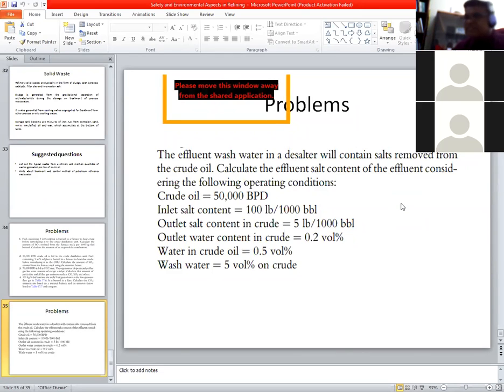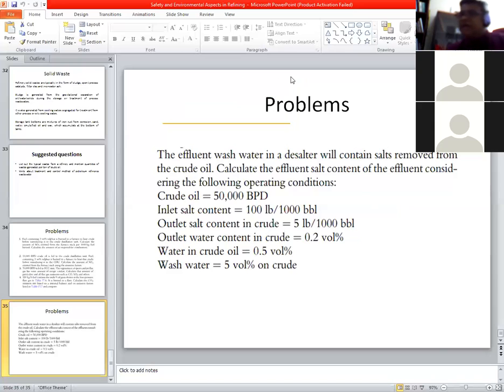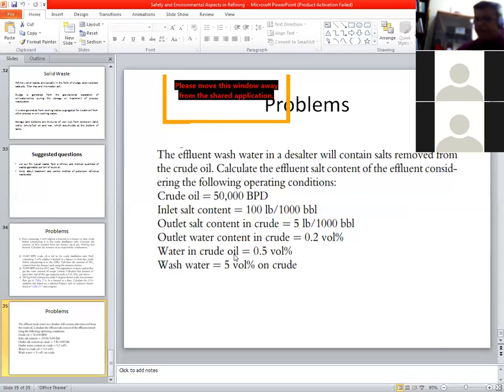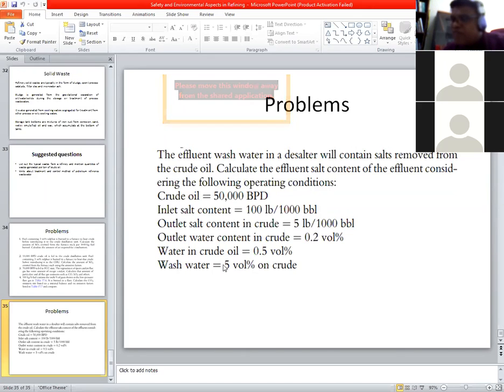Okay. Next, now we will calculate the mass flow rate of effluent water. Now we have calculated the mass flow of salt by the desalter. Now in the effluent, the effluent wash water volume percentage is given, and the outlet water content in crude is also given, volume percent.